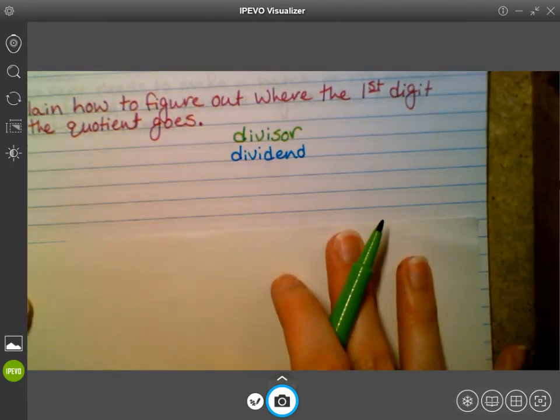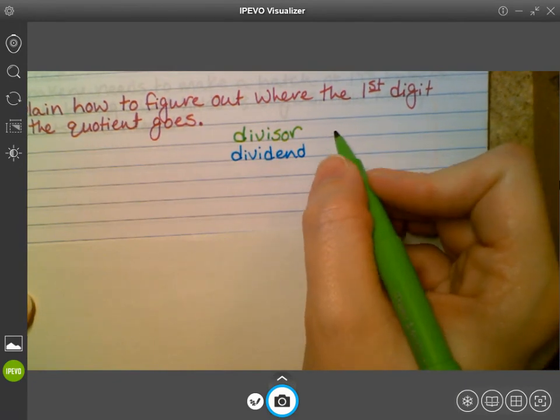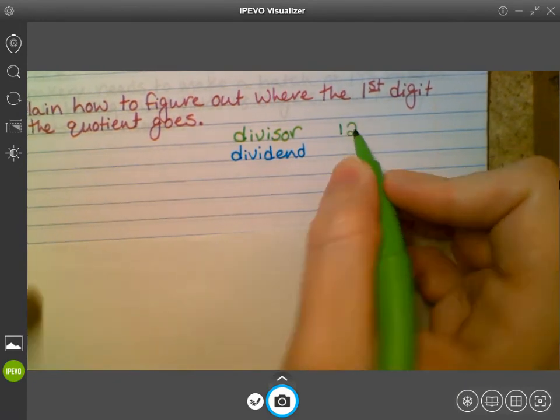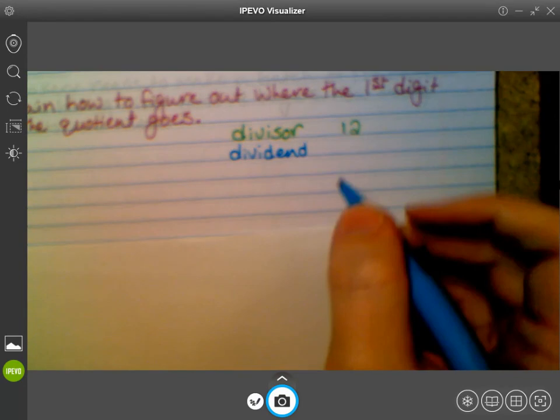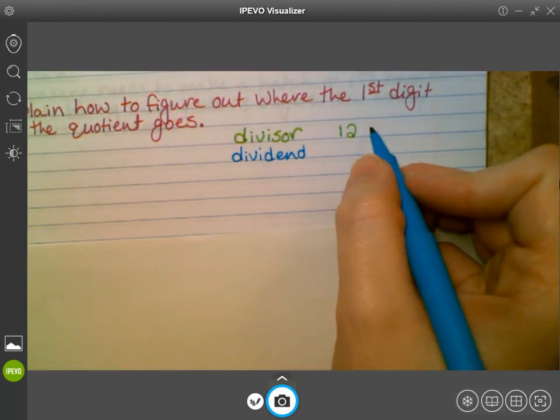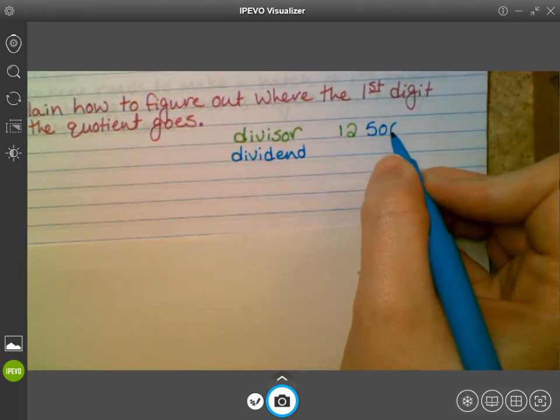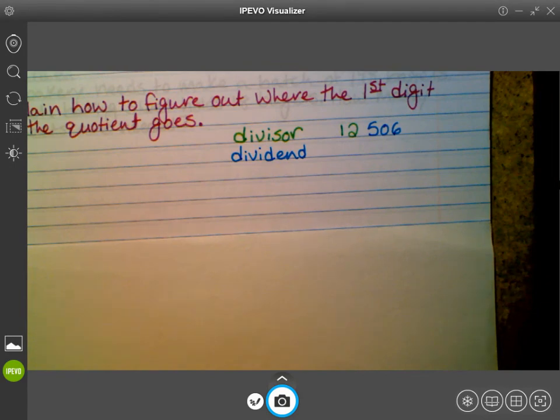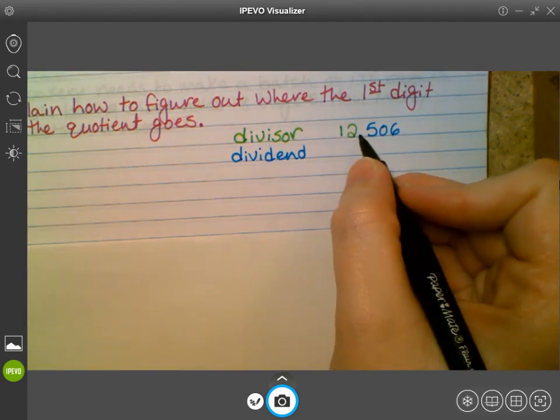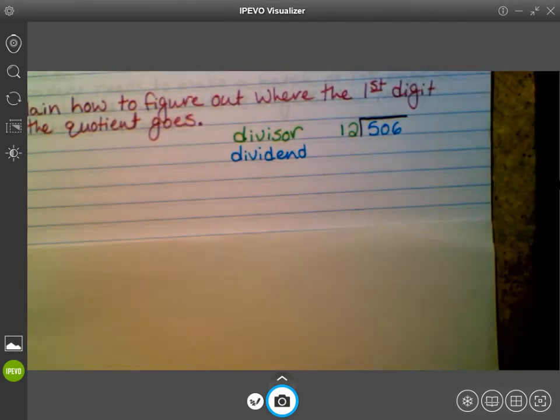So your divisor is the number you're dividing by, and your dividend is the number you're dividing. So you may want to use those two words in your explanation.